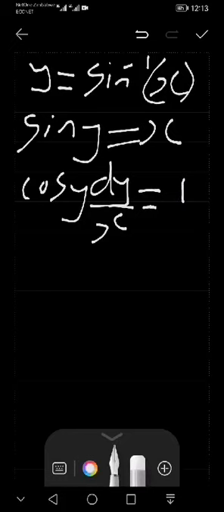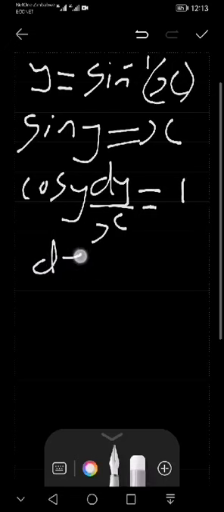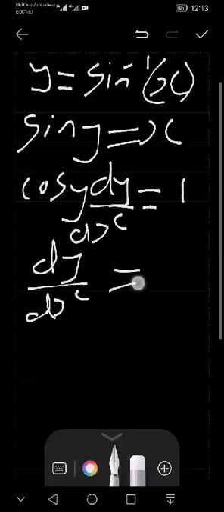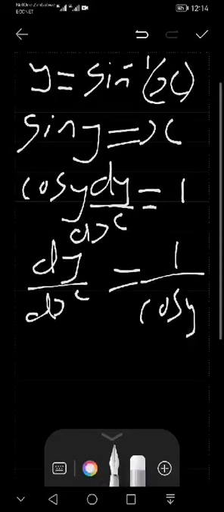So from this I can now make dy dx the subject of the formula by dividing everything by cos y. So we have dy dx equals 1 over cos y.